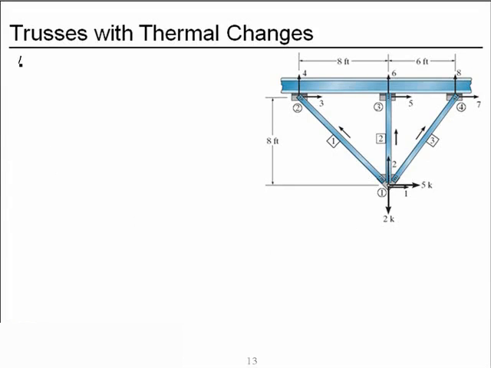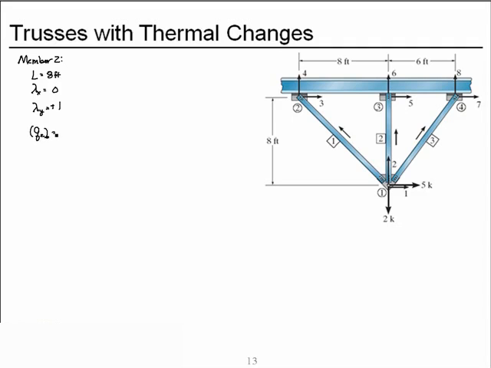Now the force in member 2. The length is 8 feet. Lambda x is 0 because there is no change in x coordinate. And lambda y is a positive 1.